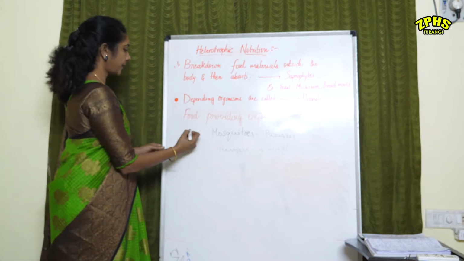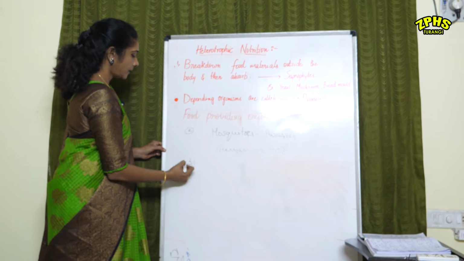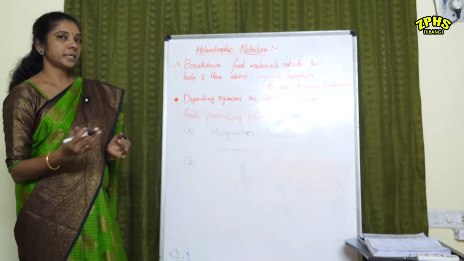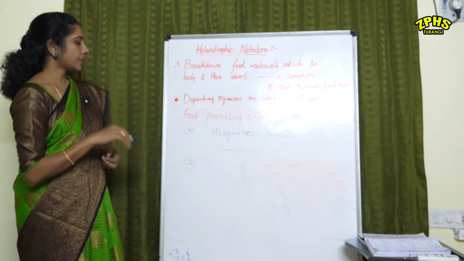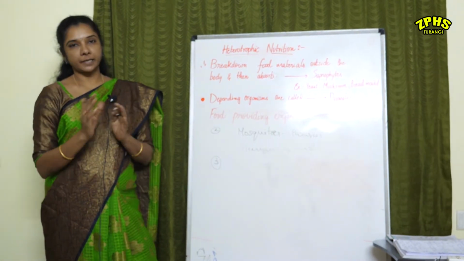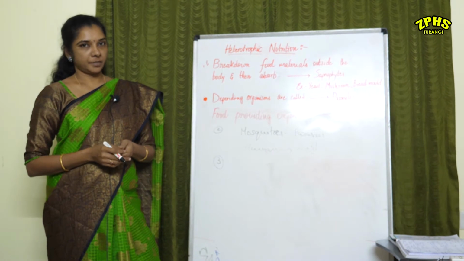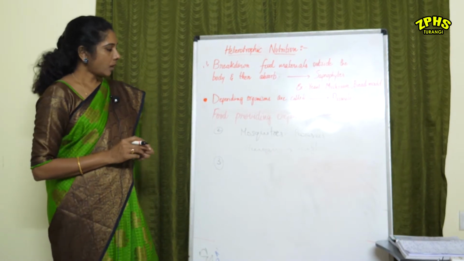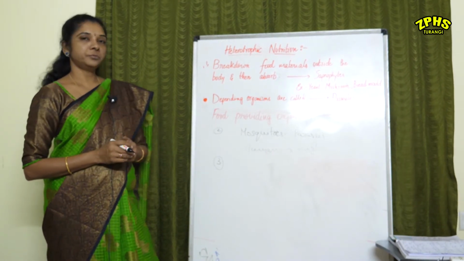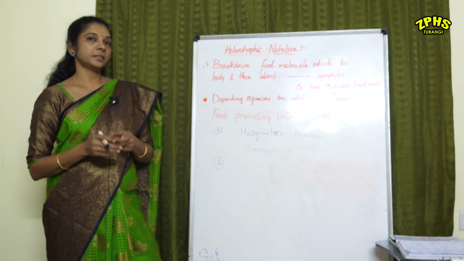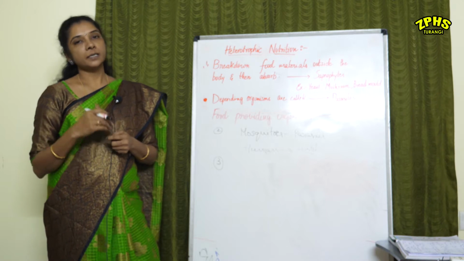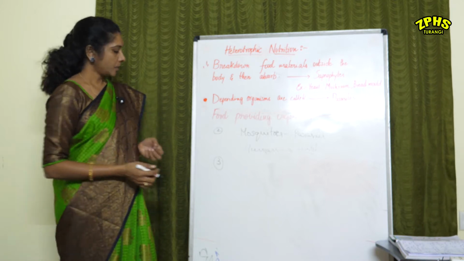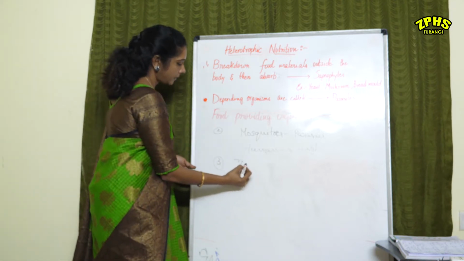Those are the second type. And the third one is, suppose the organisms completely take the other animal inside the body and then they divide it and absorb the energy. How they take the food or how they digest it depends on the body design, the digestive system's design and its function. Suppose let us take a tiger and a python.